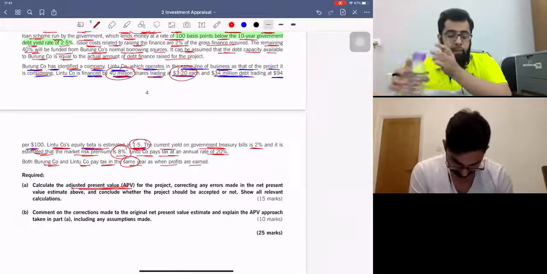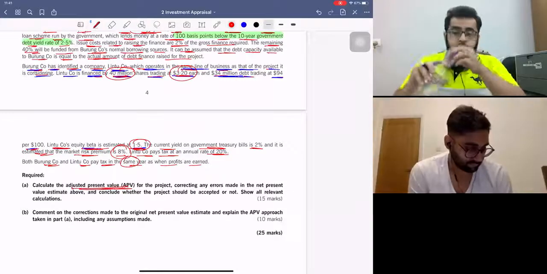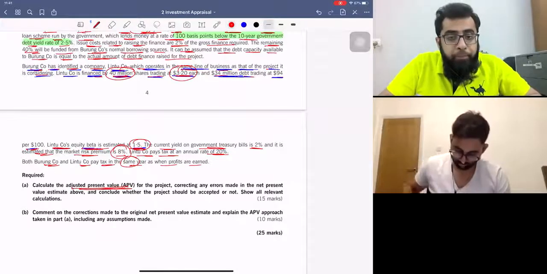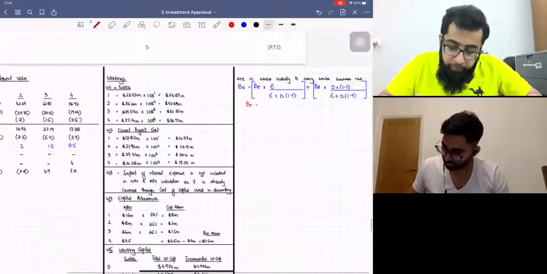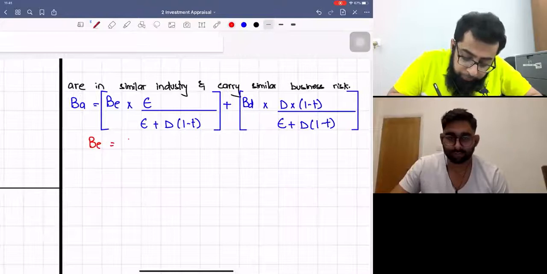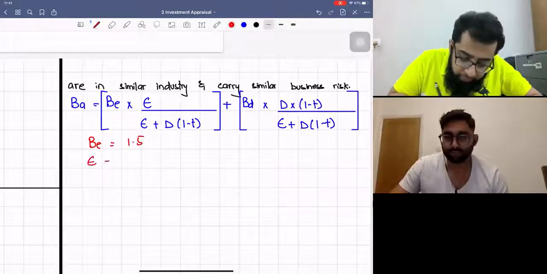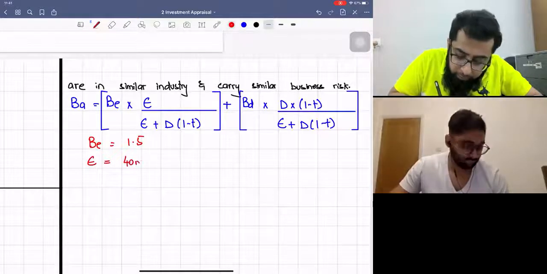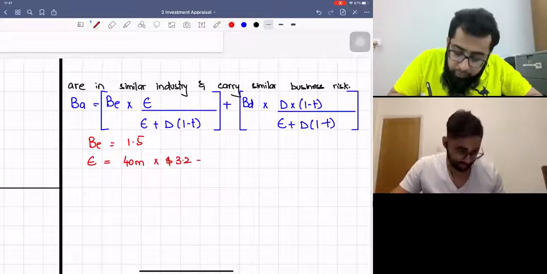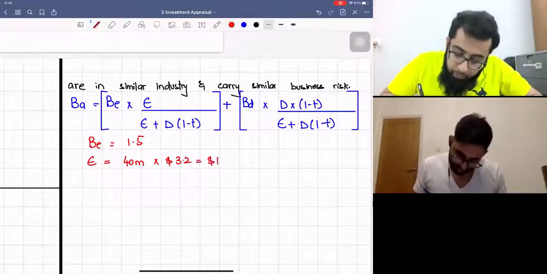So you're going to do it in 40 million. 40 million into 3.2 will be the value of equity. 40 times 3.2 is 128 million. Beta equity was 1.5. That's the equity, so that is 128 million.